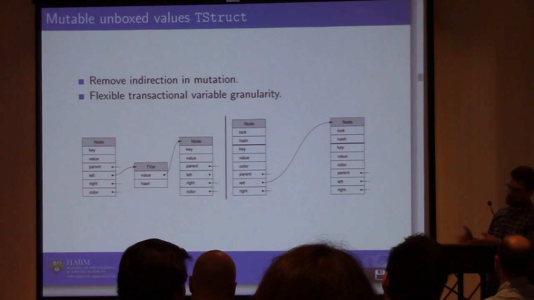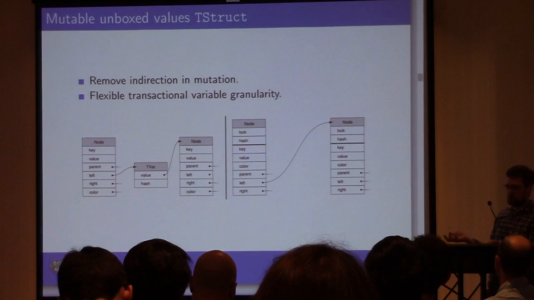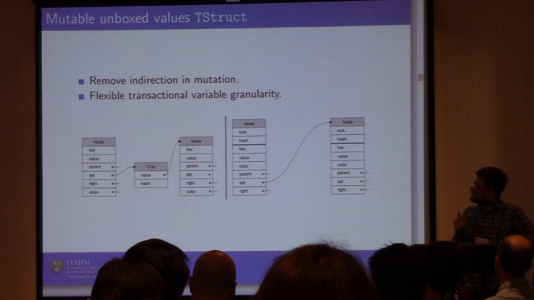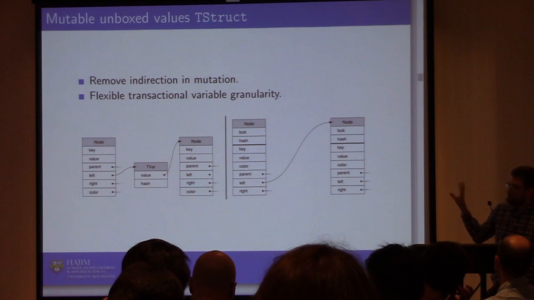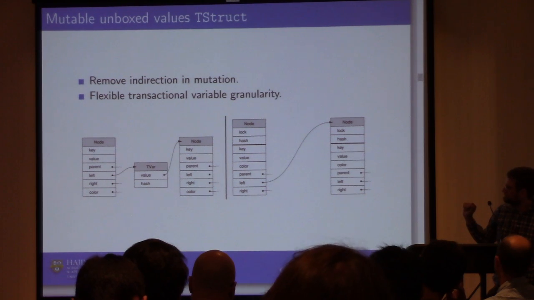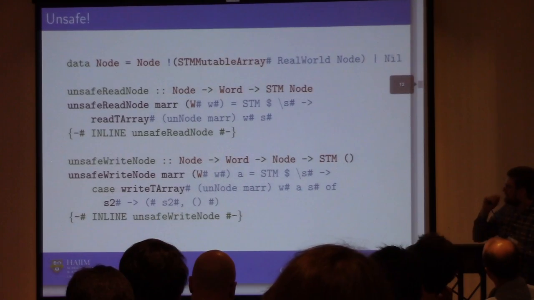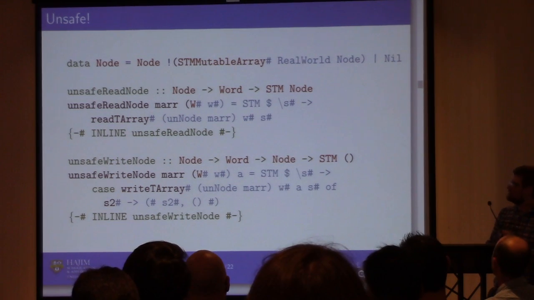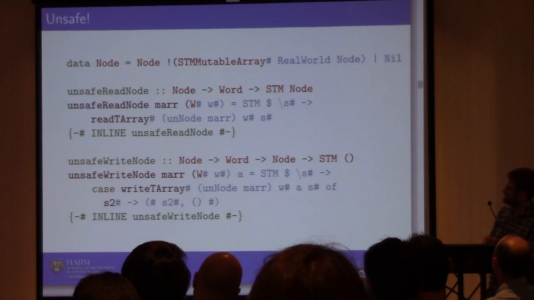So we use this by duplicating the small array functionality and adding support for it in the STM and the HTM. Unfortunately, it turns out to be really ugly and unsafe to write this.